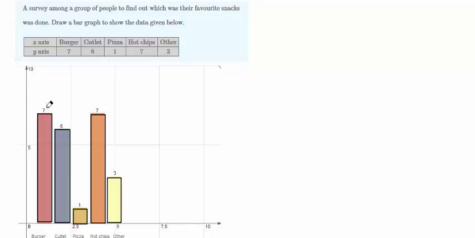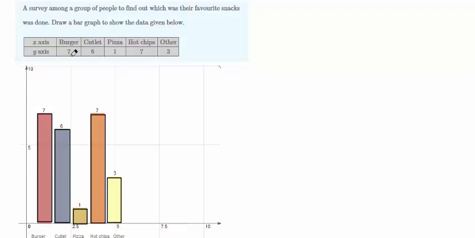The number at the top of each of these bars is the number of people who have selected that snack as their favorite food. And then obviously the height of each of the bars is proportional to the number on this table. Because there was only one person who said pizza is my favorite snack, you see the pizza bar as the shortest.